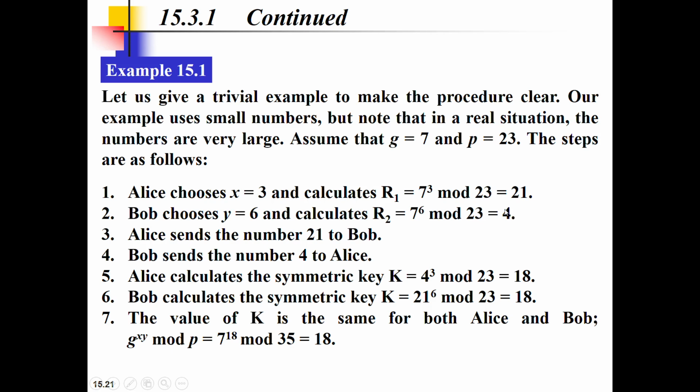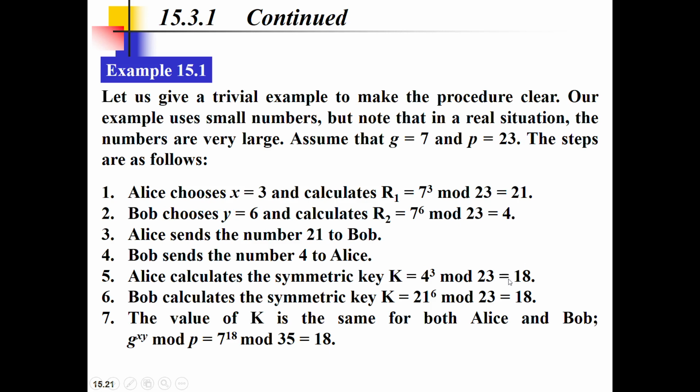The value is 4. Now Alice sends her number 21, the R1 value, to Bob, and Bob sends his number 4, the result of 7 power 6 mod 23, to Alice. Now Alice calculates the symmetric key K, which is whatever Bob sends her, power her secret, mod 23, which is 4 power 3 mod 23.